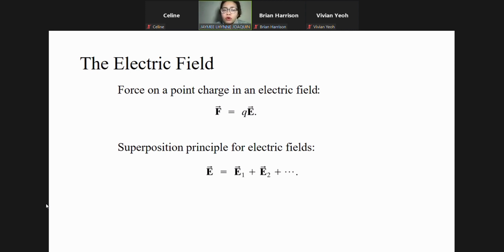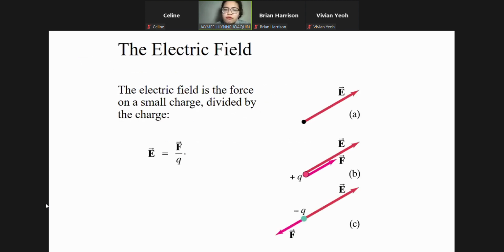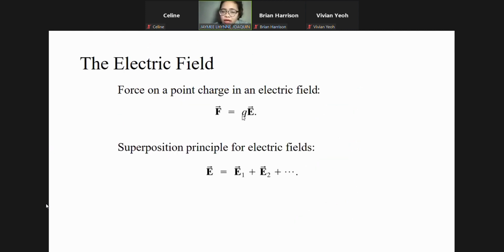Okay, so let's now continue discussing your electric field. So the force on a point charge in an electric field is computed like this. So if a while ago E is equal to F over Q, for you to get the force, you will use the formula Q multiplied by E. So you just simply substitute the values in getting the force on a point charge in an electrical field, and you'll get the answer.